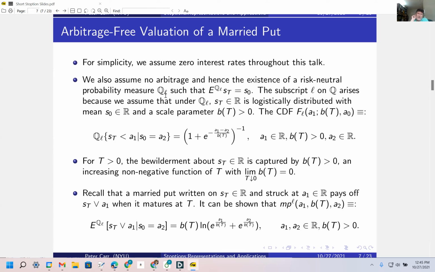The subscript L is arising because we're going to think of the underlying security price, which again is a real valued random quantity at maturity, as having a logistic distribution in particular. You may or may not be familiar with the logistic distribution.